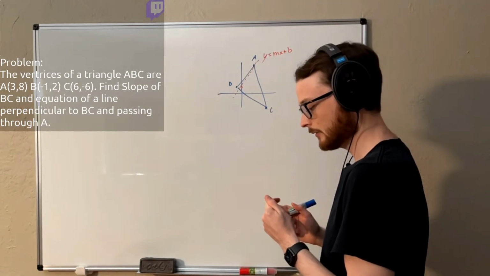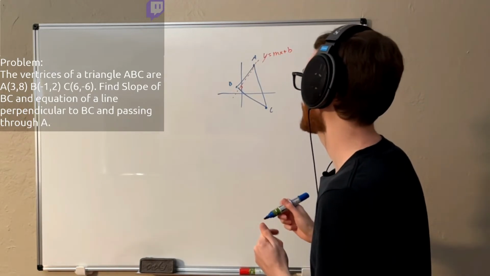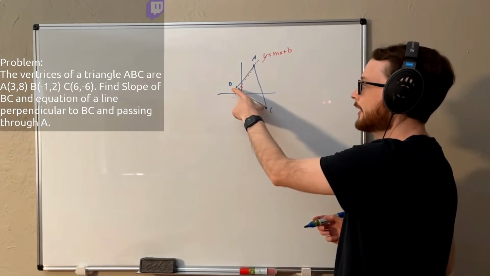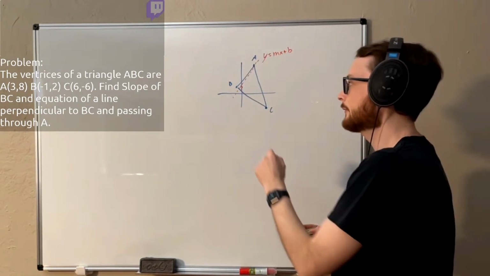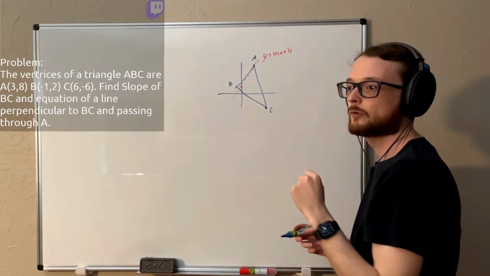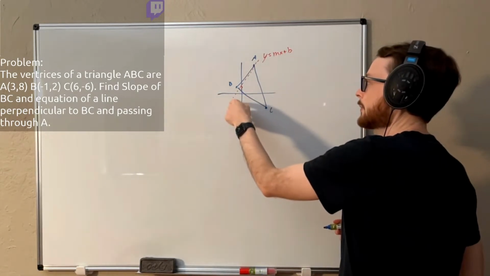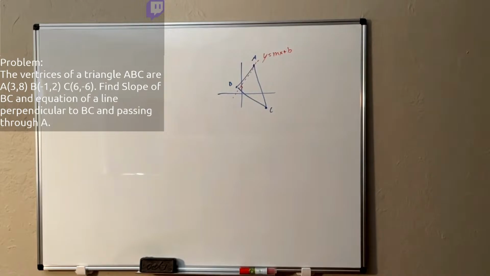Let's start with m, because if this line is perpendicular to BC, we can find the slope of BC and then do the negative reciprocal to find the slope of the perpendicular line, which I think is what the problem says to do explicitly. Yeah, find the slope of BC.